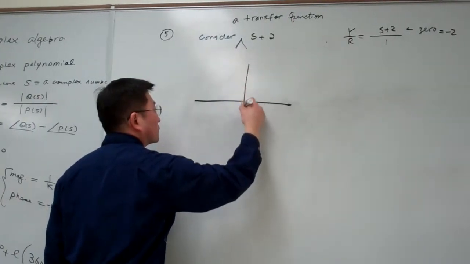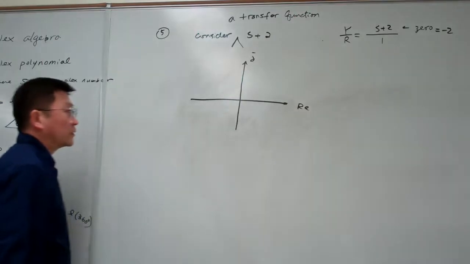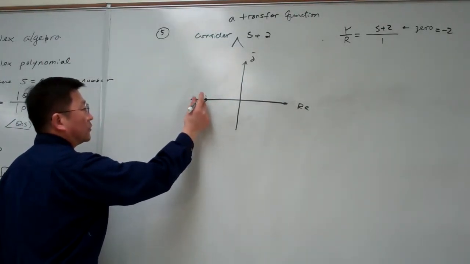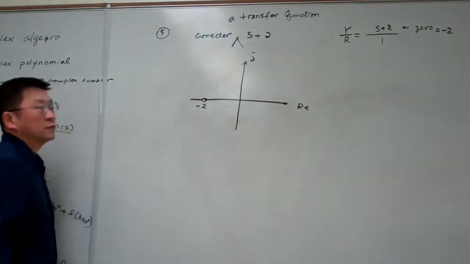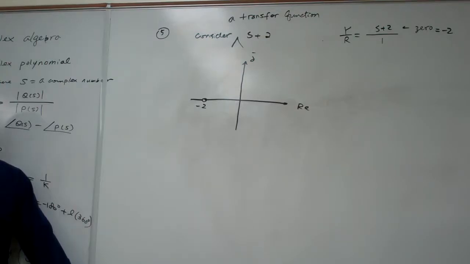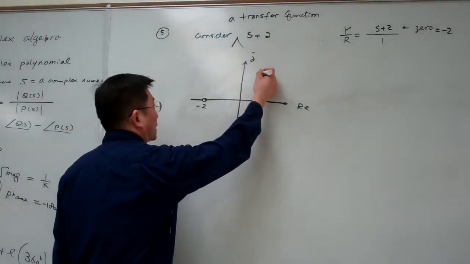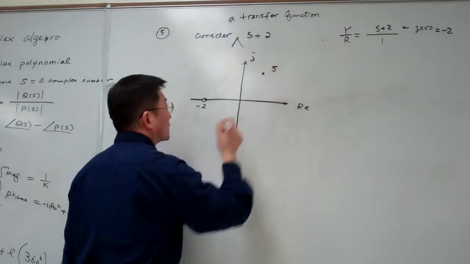That is the real part, and this is the imaginary part here. Here we have a zero. Let me use the circle, and that is at minus 2. Again, I combine these conventions of the symbols in control on the complex plane. So say S is an arbitrary complex number. For example, say S is here.